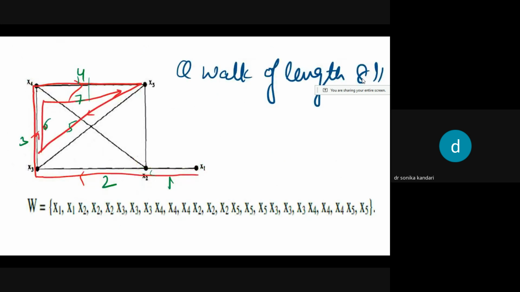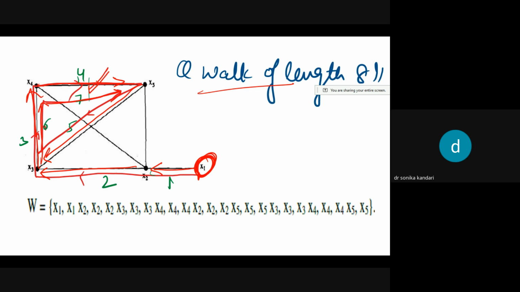Suppose here we have another example. We have started from x1, this way. 1, 2, then we covered this 3, then 4, then again 5, then again 6, 7.